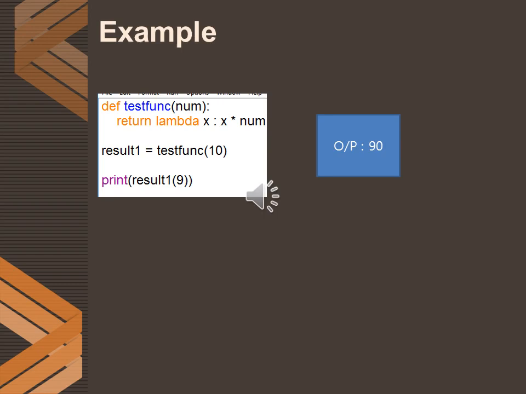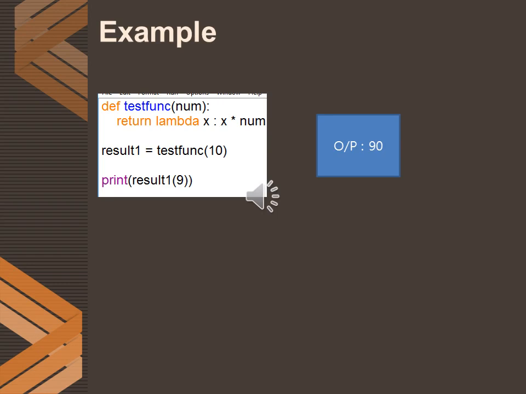After this we have written one statement in which we are storing the lambda function in the variable result1. Result1 is pointing to the function which is generated by the lambda. So result1 is also a function because it is pointing to a function.